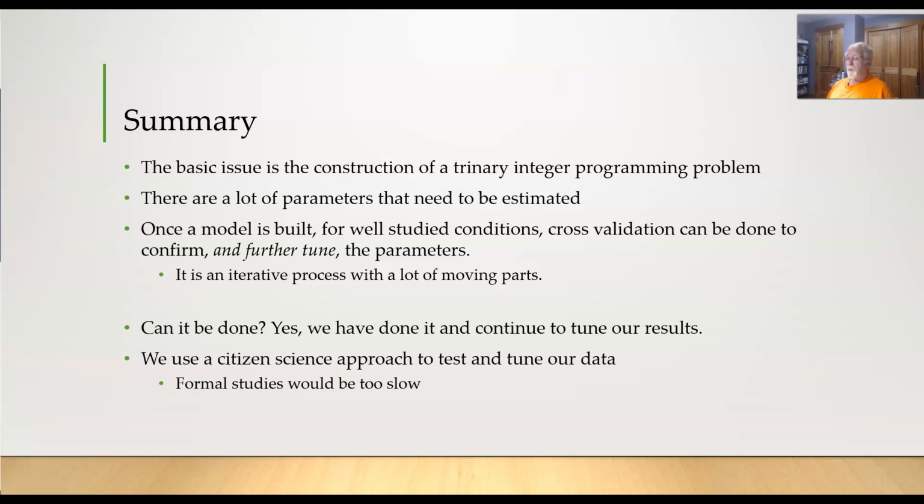And one of the main things we do is we use a citizen science approach to test and tune. People upload their samples. We generate their suggestions. We give it to them. They can try it. If they try it, usually they come back in 2 or 3 months with their updated samples. We look at it again, cycle repeats. We make it clear that this is an iterative process.